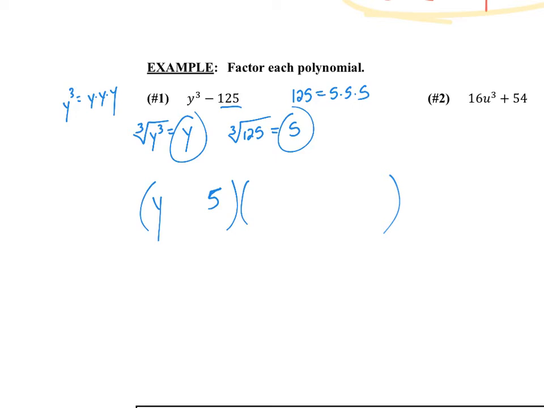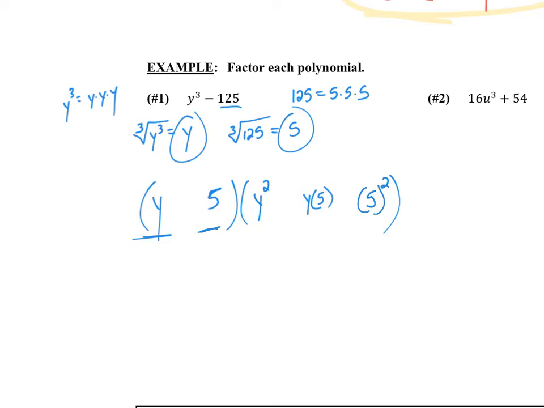In the second parenthesis, there are 3 terms. It's a trinomial. The first term is your first term from your binomial squared. So you take y squared. The middle term is the two things from the binomial multiplied together. So it's y times 5. And the last term is the second term of your binomial squared.